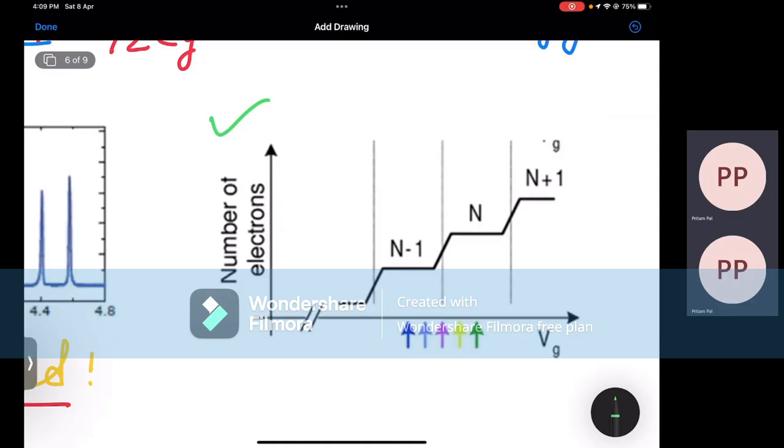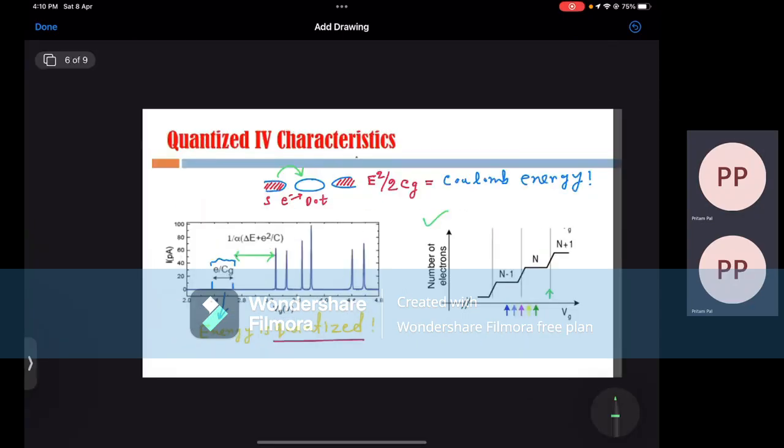Now, if we want to add one more electron here, to make the number of electrons n plus one, then this happens only when a suitable voltage is supplied, so that a suitable extra energy is applied to the electron. Only then the transition will happen. So now I'll move to the next slide.